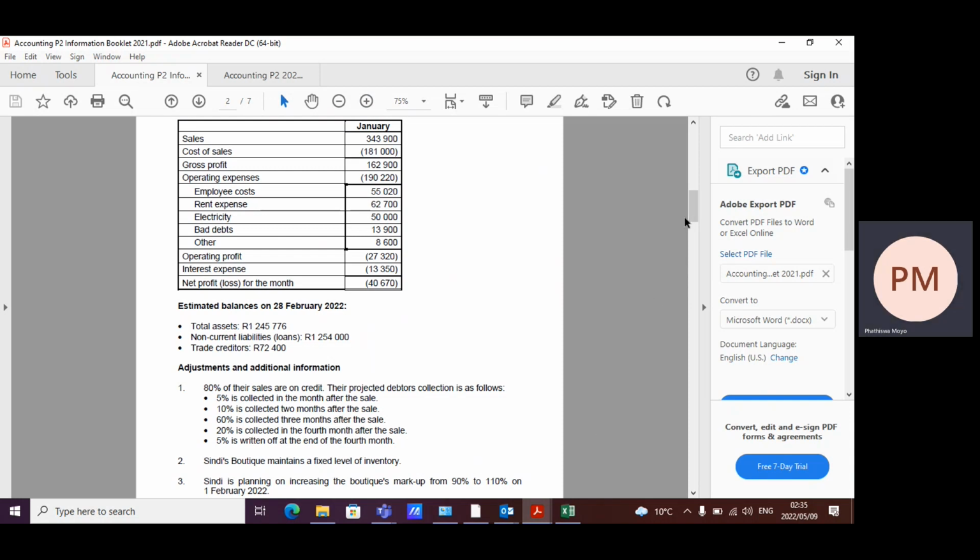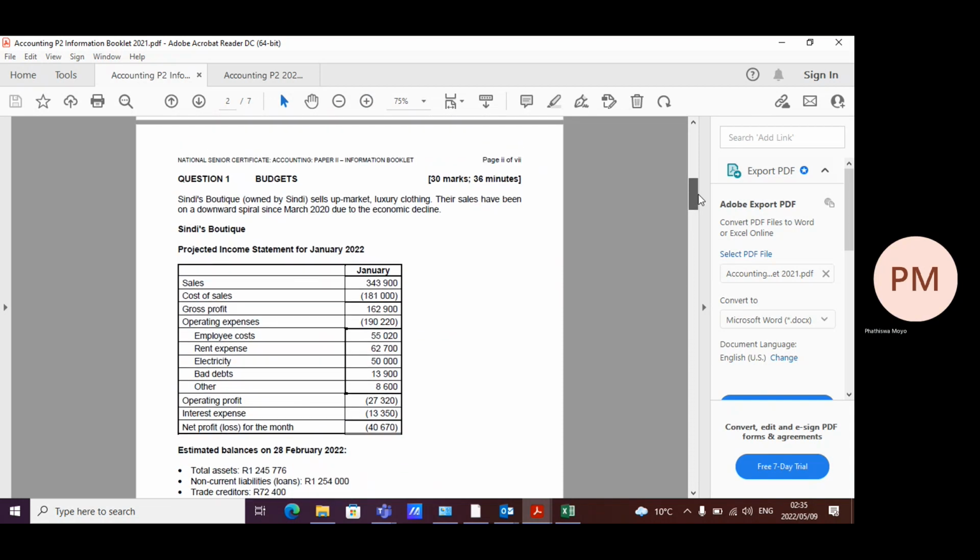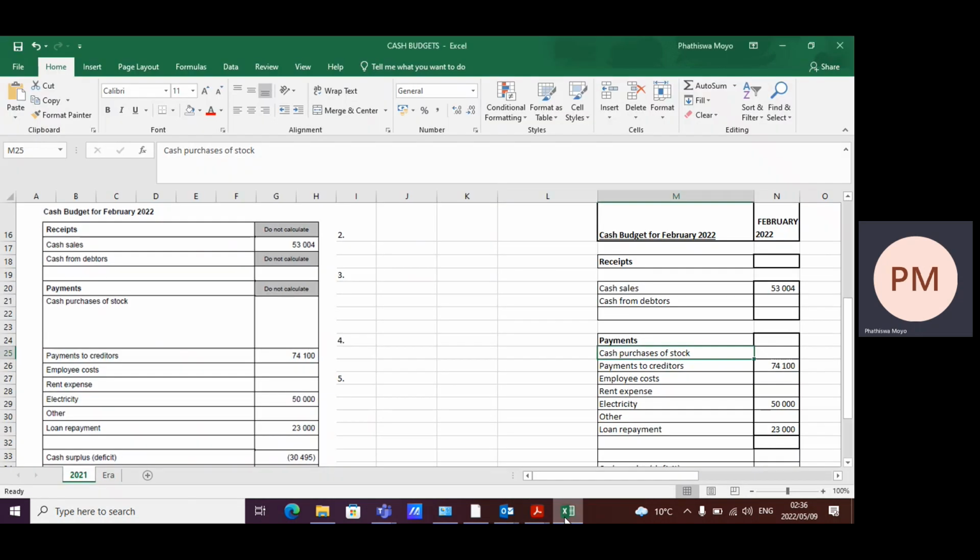This is a cash budget for Cindy's Boutique, which is renting the property where they have their boutique. So the owner took pieces of clothing to be taken out of the rent money. So now we need to calculate what they should budget for.